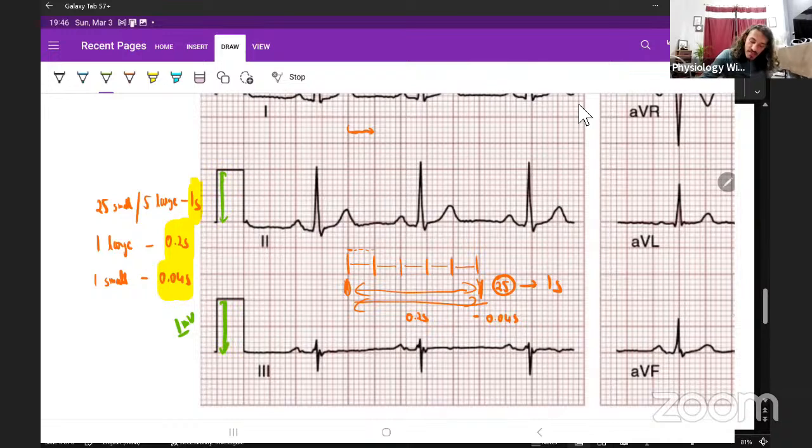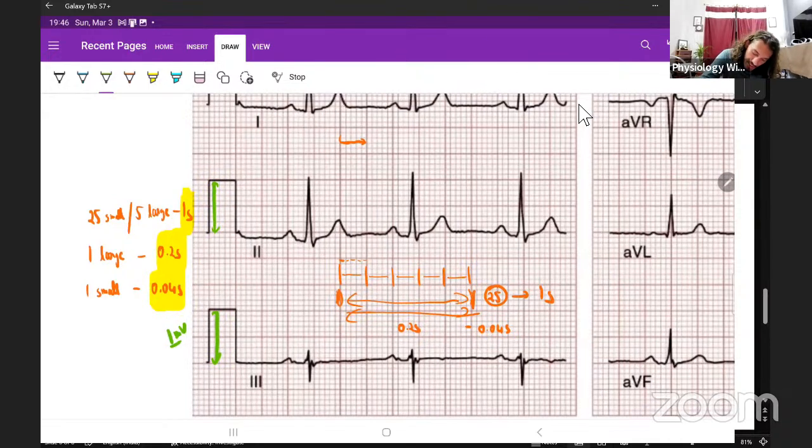So that means the smallest division that you see here is 0.1 millivolt. This is going to be 0.5 millivolt. So this is what it means.